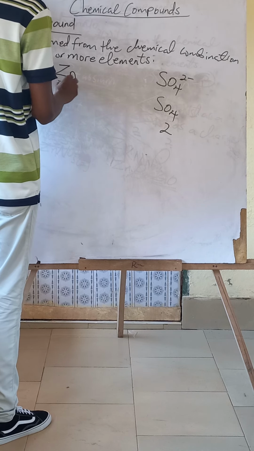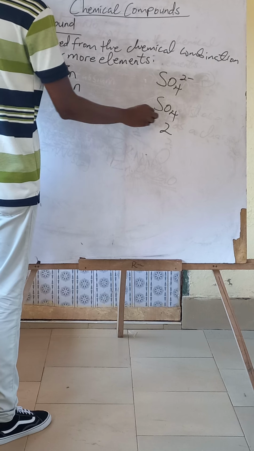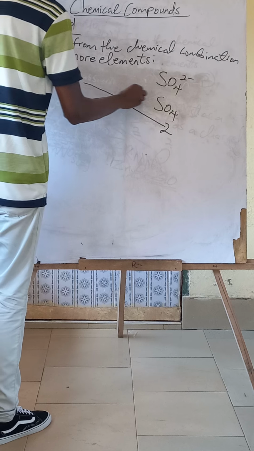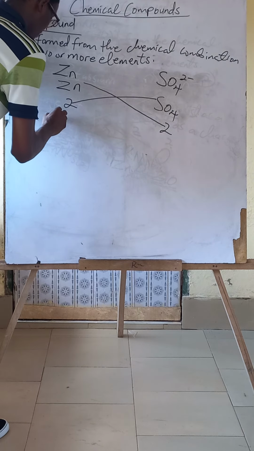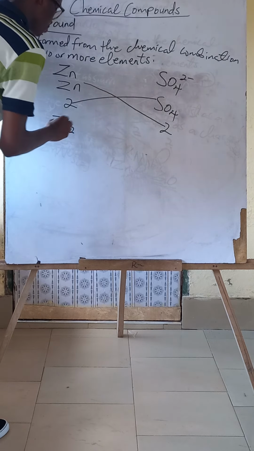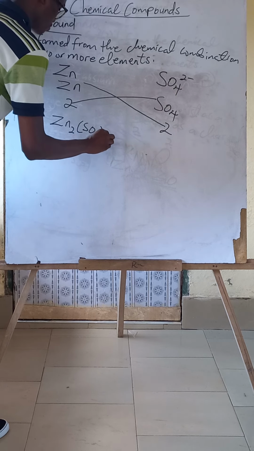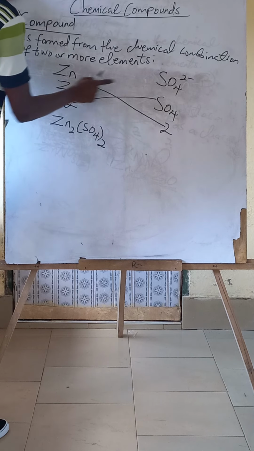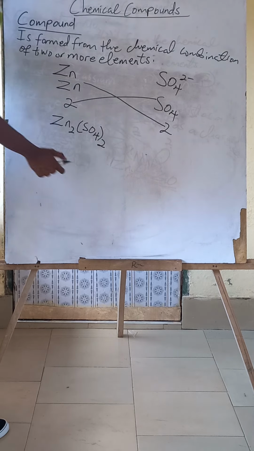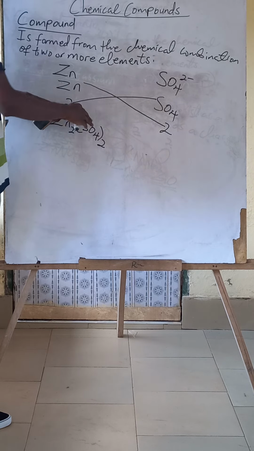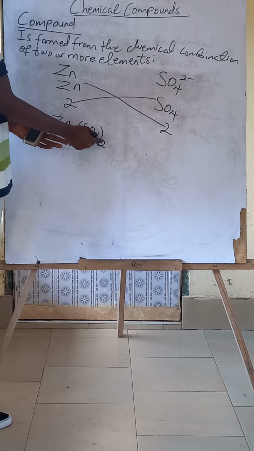And you have zinc. Zinc has a valency of 2. So give the valency of SO4 to zinc and give that of zinc to SO4. We are going to get Zn2, SO4 2. The valency of zinc, which is 2, has been given to SO4, which is 2. Because SO4 is one compound, put it in the bracket and put the 2 here outside, so that these 2 will affect all the elements here.